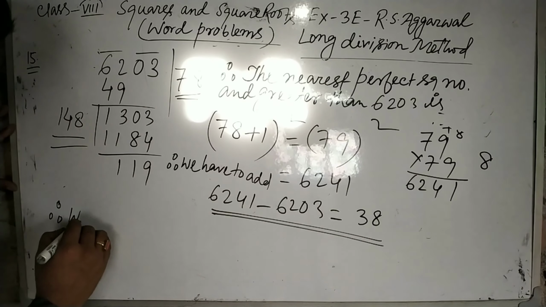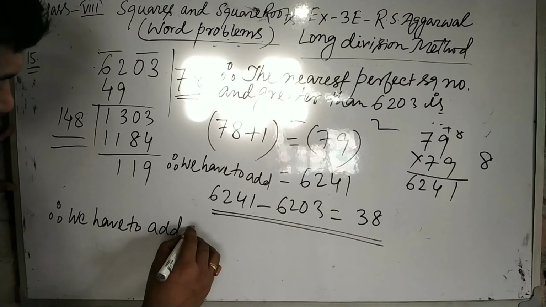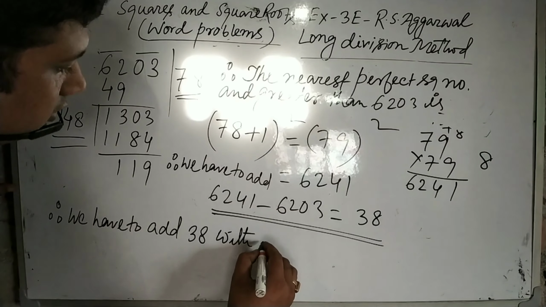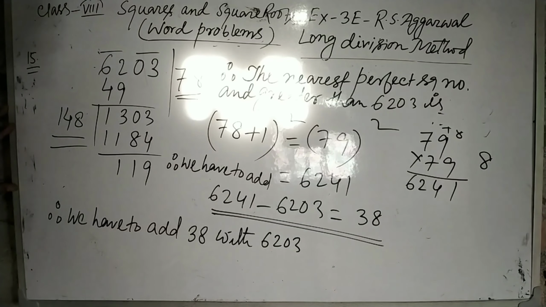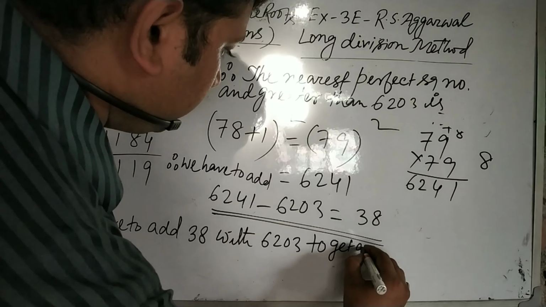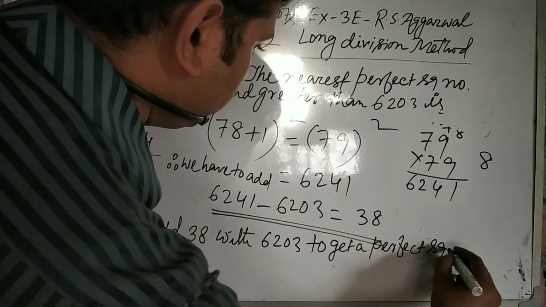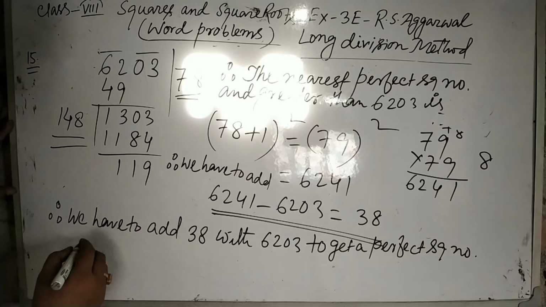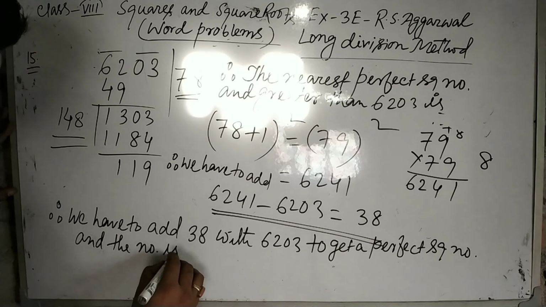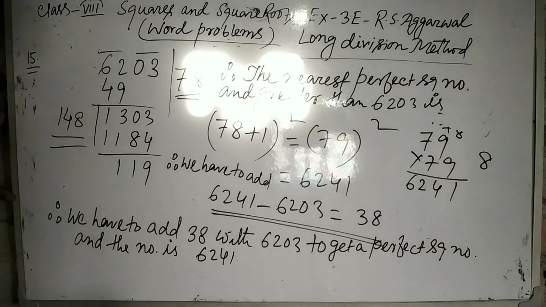Therefore we have to add 38 with 6203 to get a perfect square number, and the number is 6241.